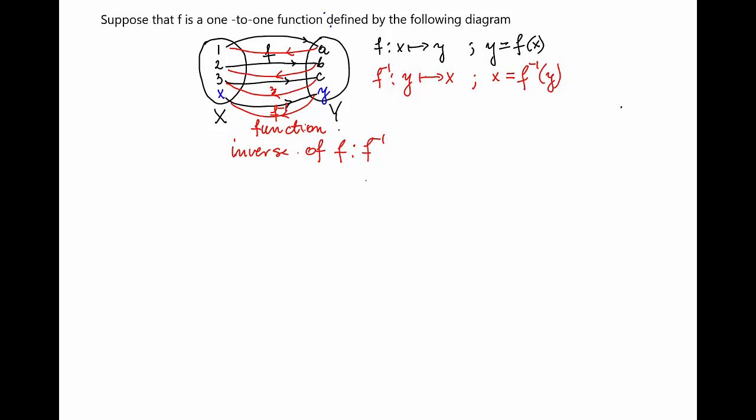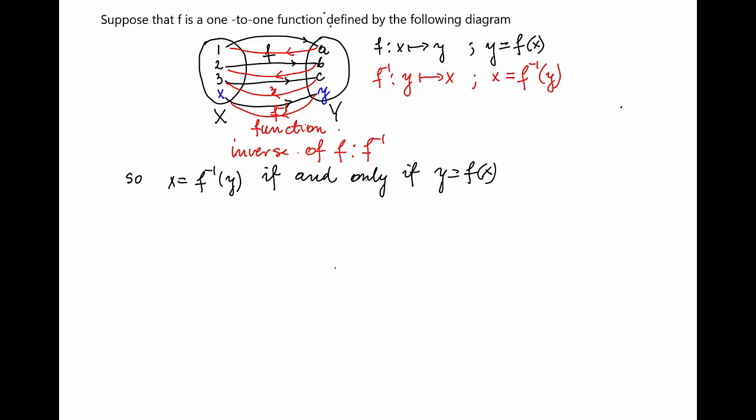Clearly, there is a relation between those two functions and values x and y, and therefore we can say that x is f inverse of y. This is going to happen if and only if y is equal f of x.